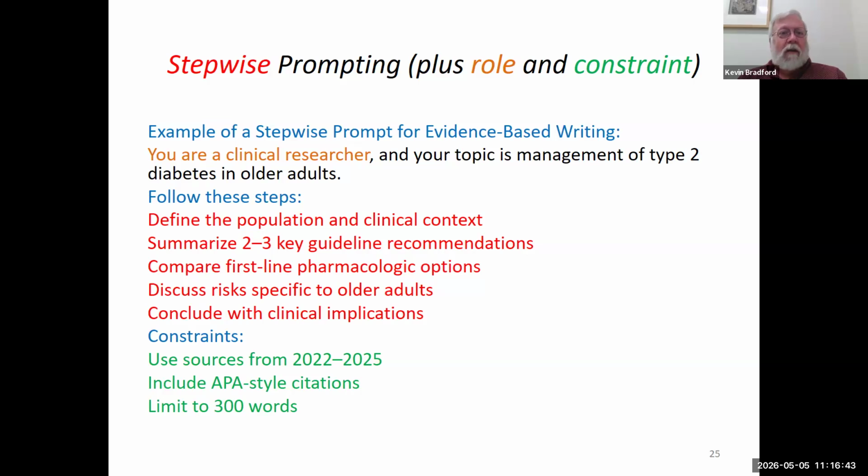My apologies. The role is you are a clinical researcher, and then the constraints are down below in green text. And then the steps, of course, are in red, defining the population, summarizing, concluding, discussing, and so forth. So this guides logical progression, and that helps to improve accuracy and reliability.